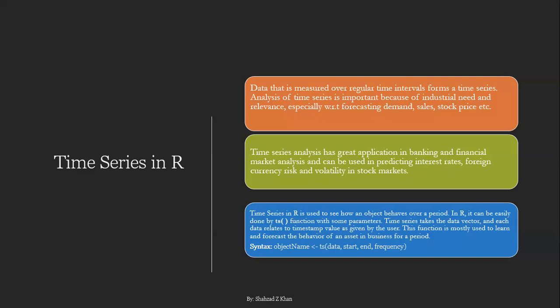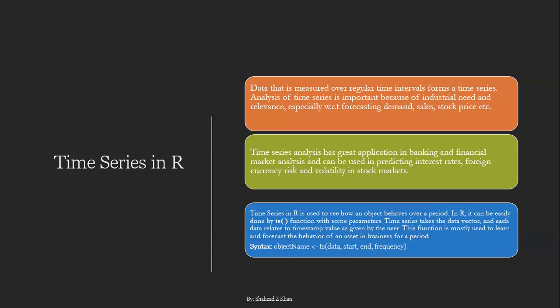In financial market analysis, we have stock market data, like in the previous session, we have seen a number of indexes like Dow Jones Index, S&P 500 Index, like this. So we can predict the interest rates and other variables and check the volatility in the stock market data by using different measures such as standard deviation and variance and mean also.